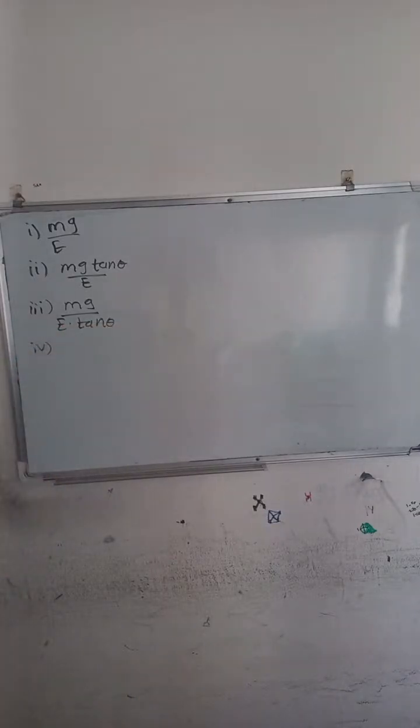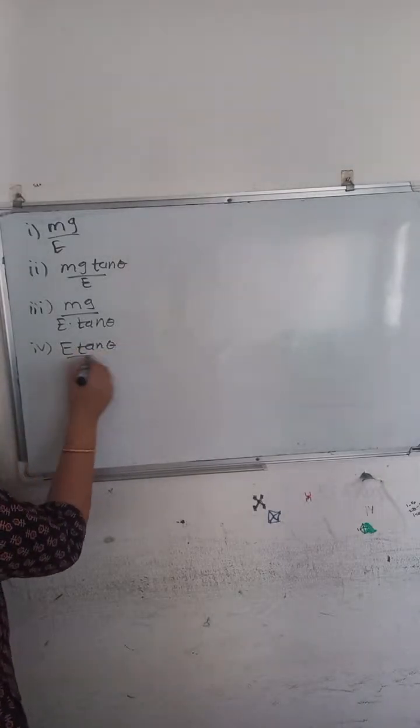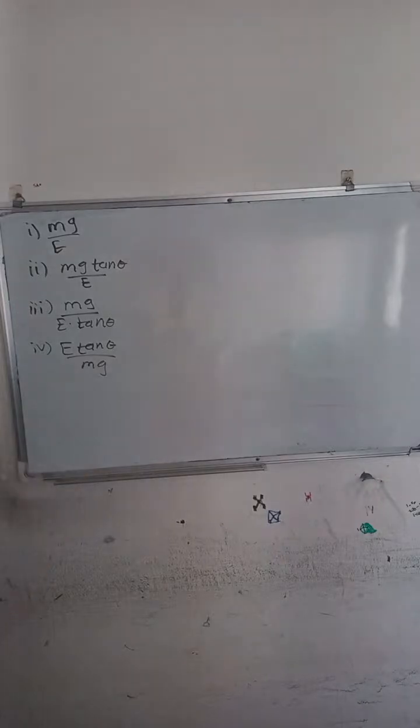And last option, positive with magnitude E tan theta by mg. Okay, so I wrote only the key points, but that positive negative is also very important.